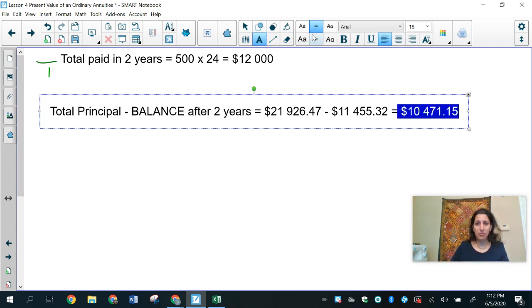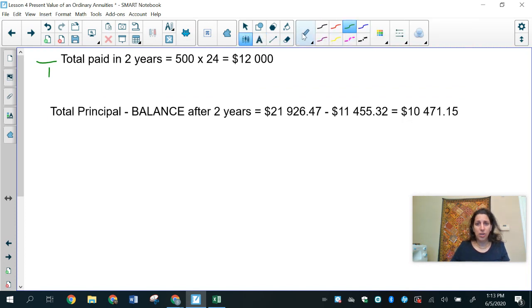This dollar amount is what she owes for principal. Sorry, that's how much she paid towards the principal. Total principal minus the balance she owes is the amount that she paid towards the principal.